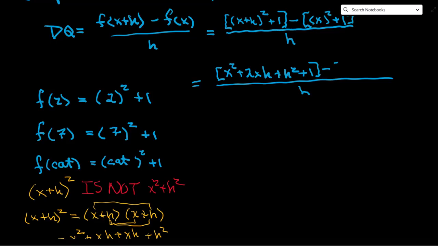Then, the second part is a little bit easier to simplify. It's going to be x squared plus 1. At this point, we can start to subtract common terms. For example, we have an x squared here and an x squared here. When we subtract, those cancel out.